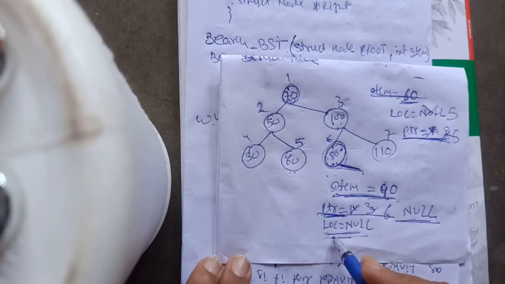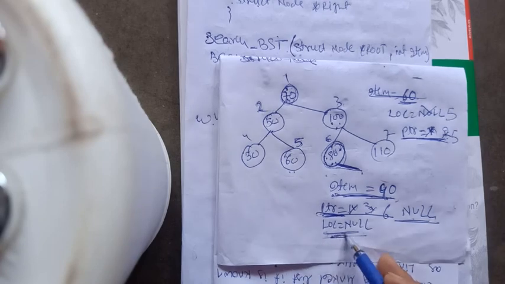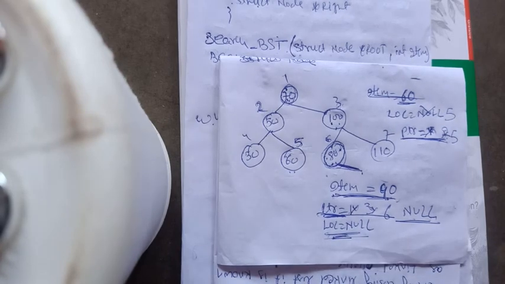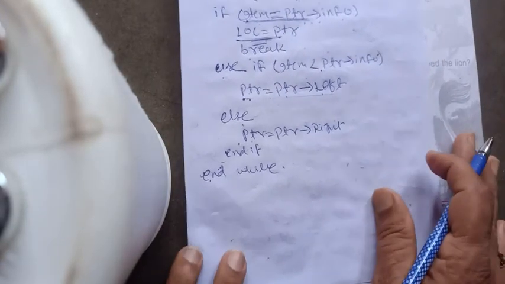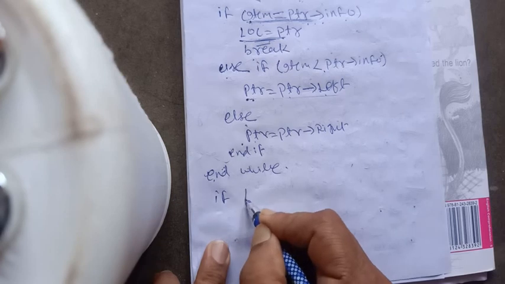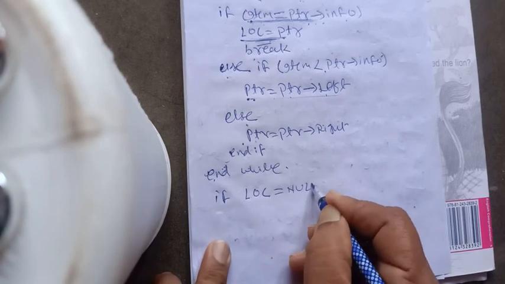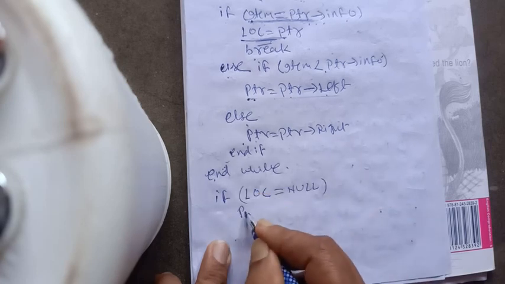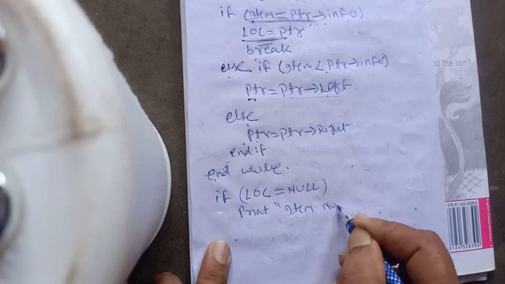LOC remains blank. So when the search is unsuccessful, LOC will not change and will remain null. So here I will write some more steps in my algorithm: if LOC is equal to null, then print "item not found".